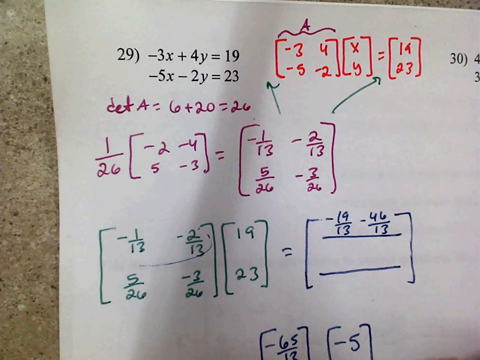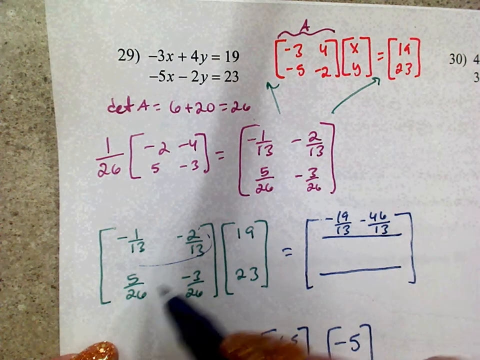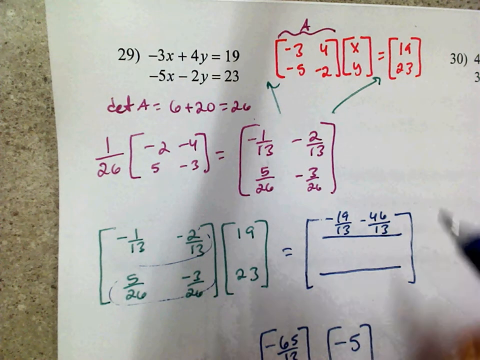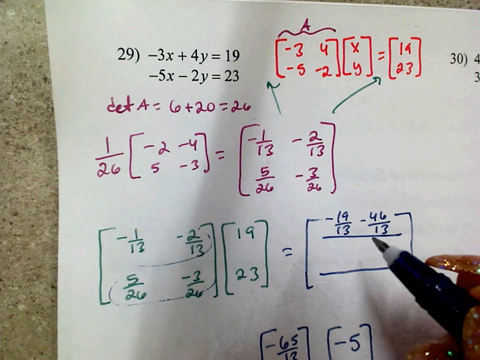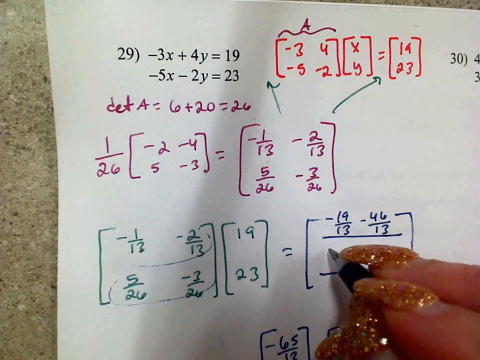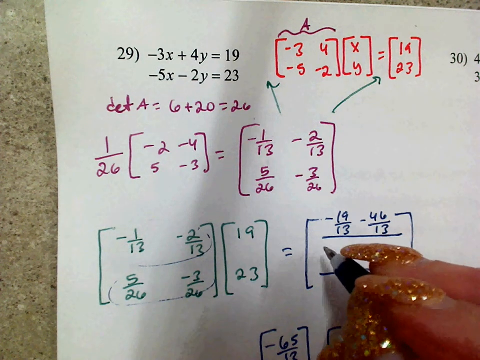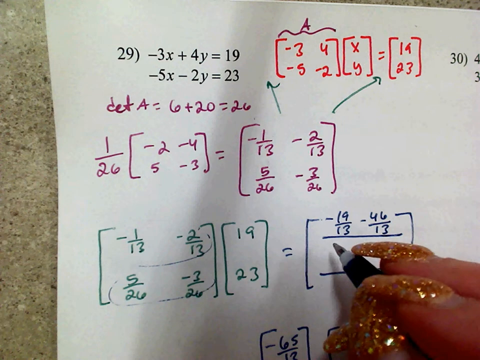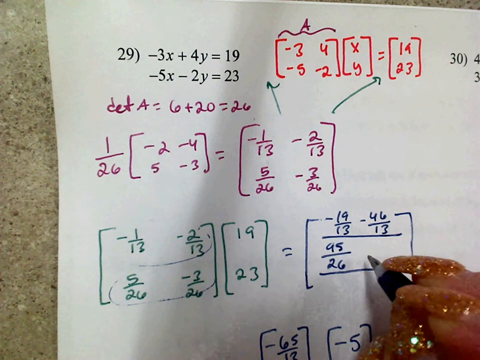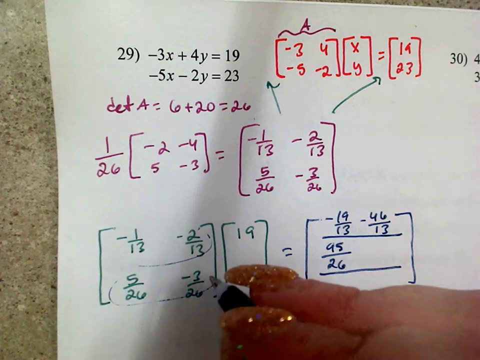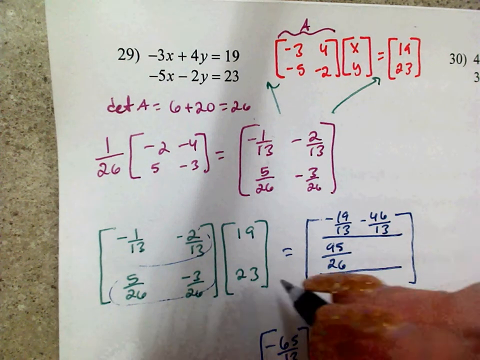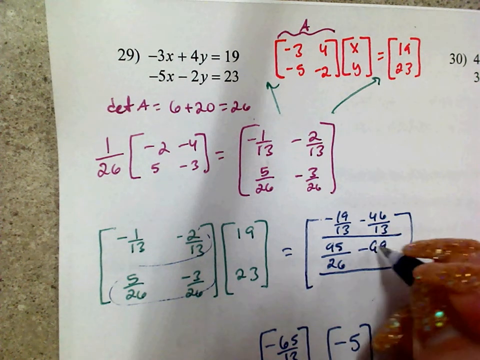And then we've got row by column. So 5/26 times 19. Ooh, these are big numbers. So 95 over 26, and then plus negative 3/26 times 23, so that's negative 69/26.